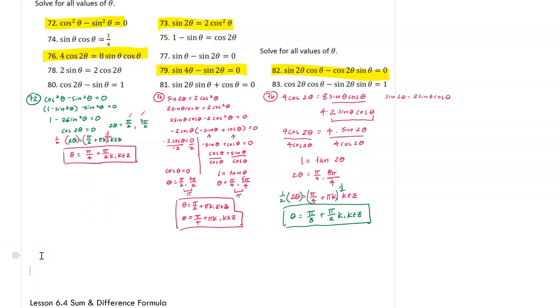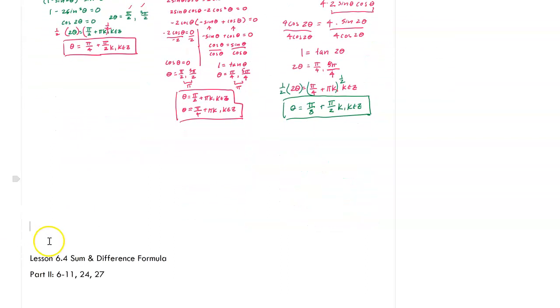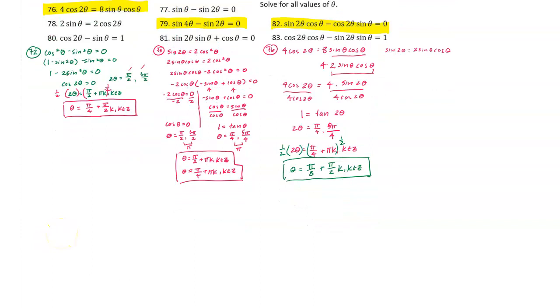So we'll have to do 79. Sine of 4 theta minus sine of 2 theta equals 0. Okay. I can take out a 2 theta. Let's go ahead and take out 2 theta. So you get sine of 2 theta times the quantity, sine of 2 theta minus 1, equals 0.